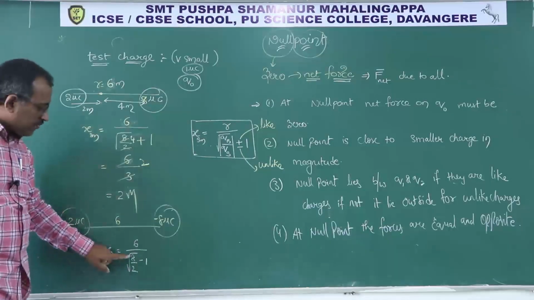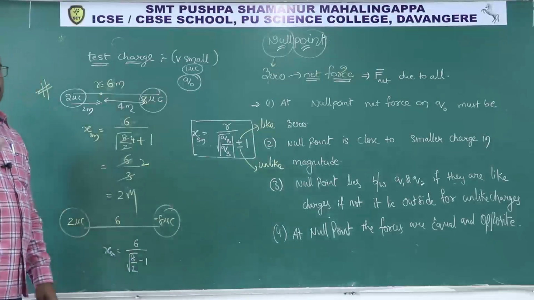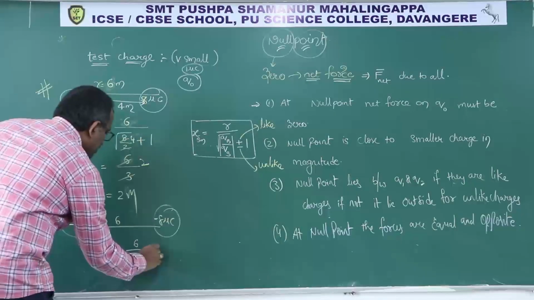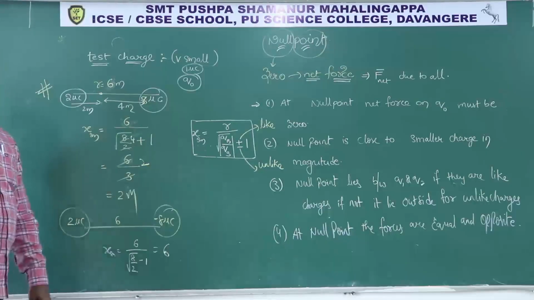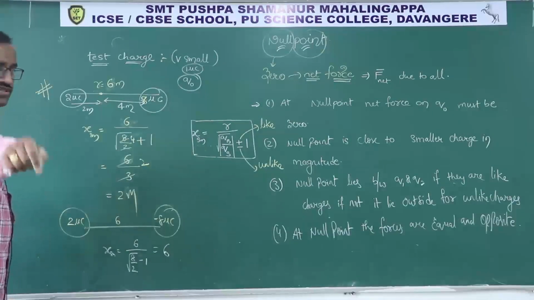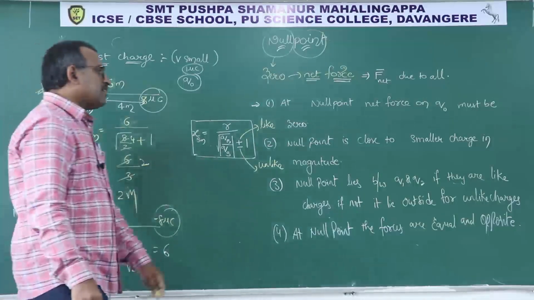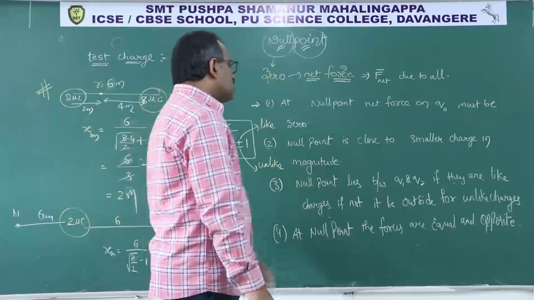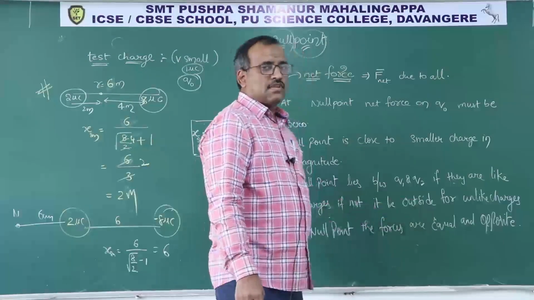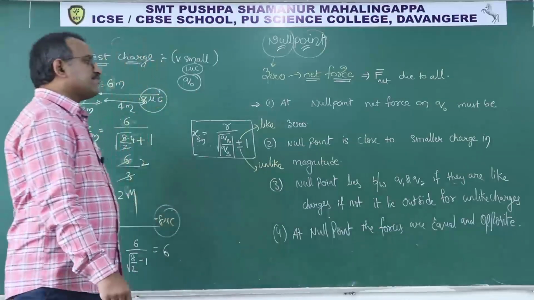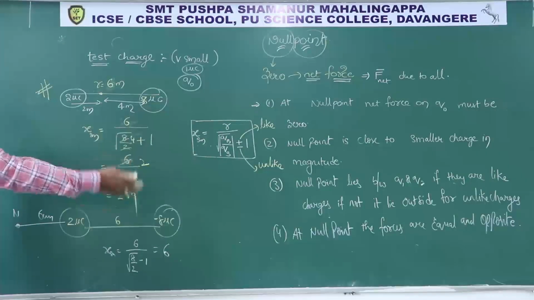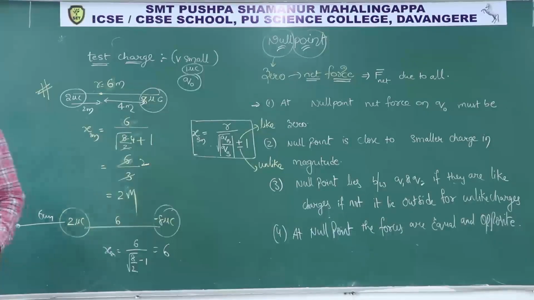So this will be root 4, 2 minus 1, 1. 6 by 1, 6. Now confusion will start. It is close to the smaller charge, so it will be here, outside. This is the null point. So I have to write that it lies outside. Clear? So verified. Clear all of you?